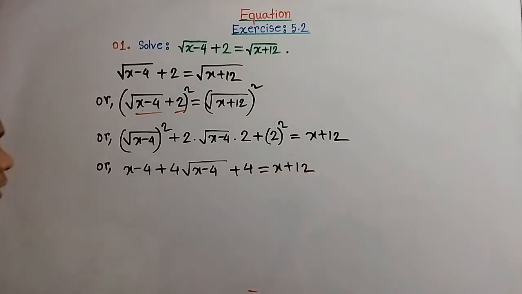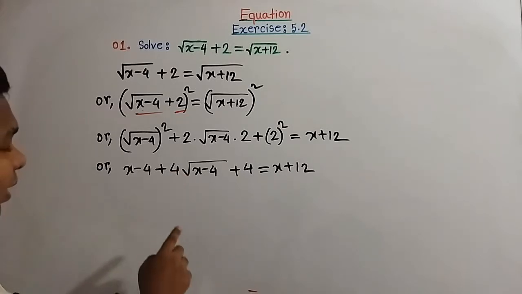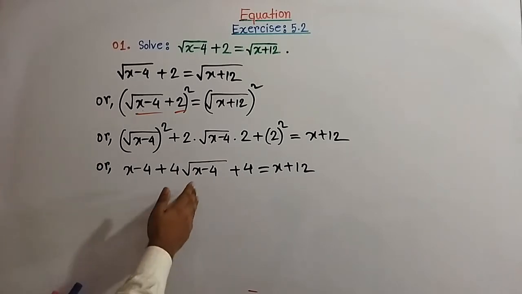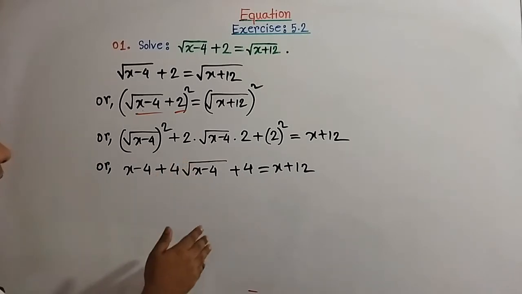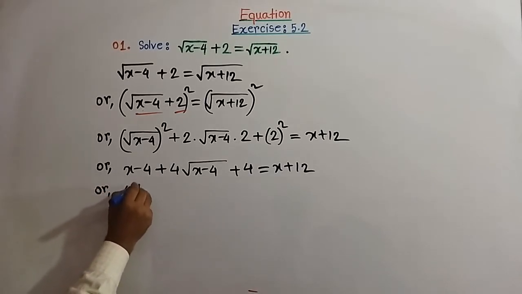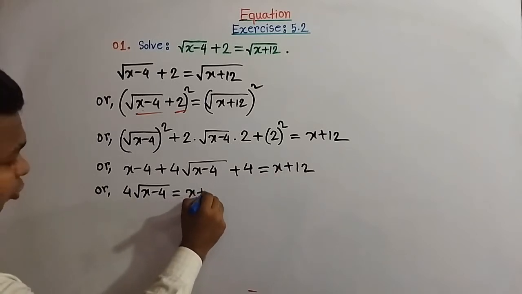Now in this equation there is only one term involving radicals, that is 4 square root of x minus 4. We put this term on one side and all other terms on the other side. So 4 square root of x minus 4 equals x plus 12.